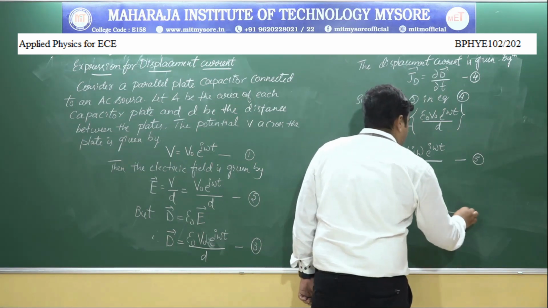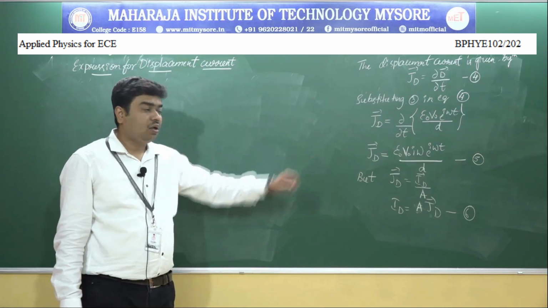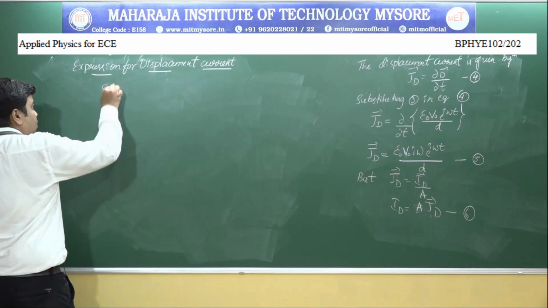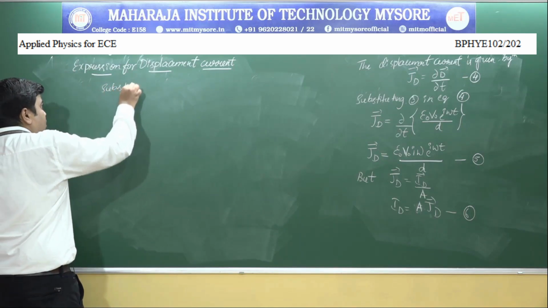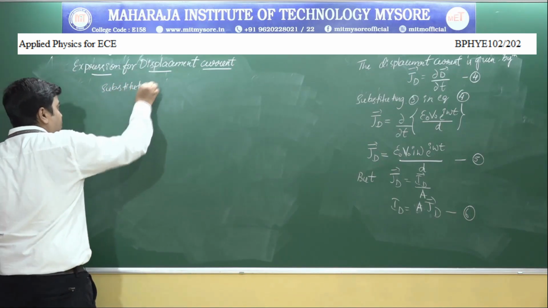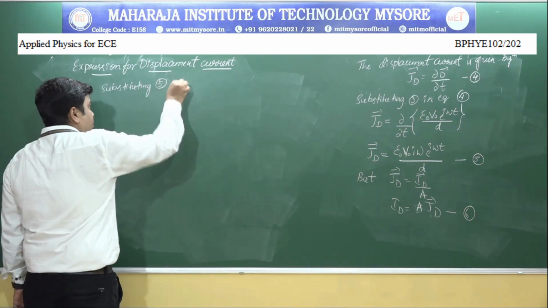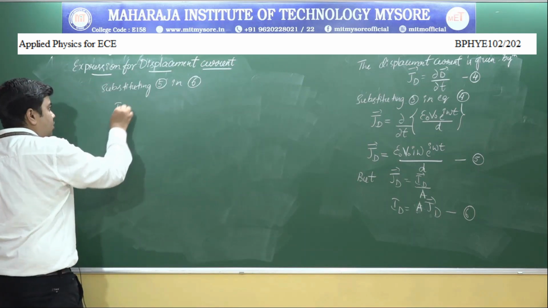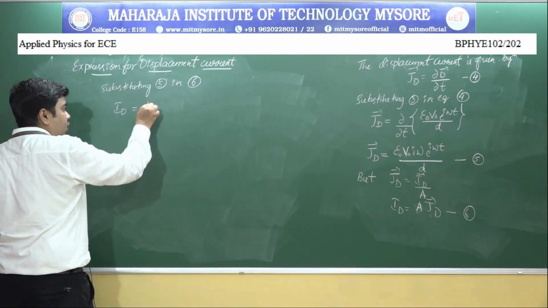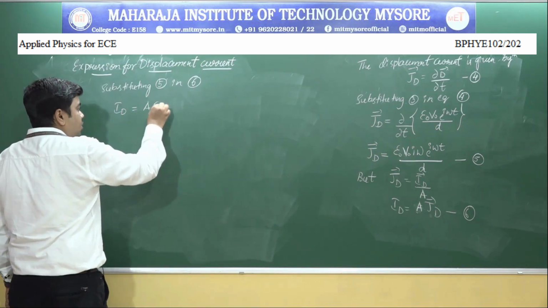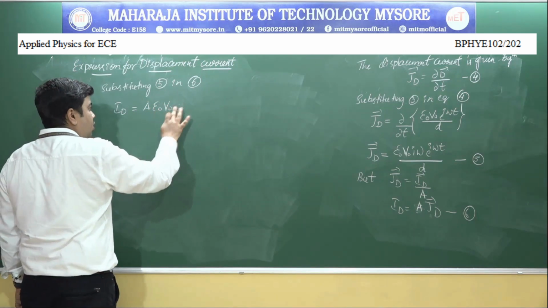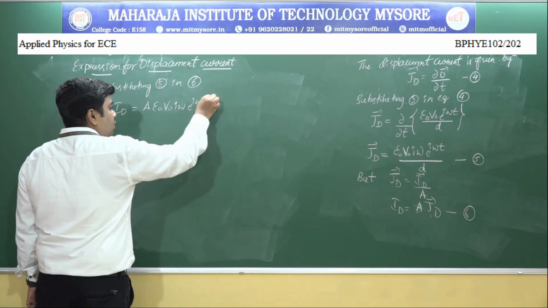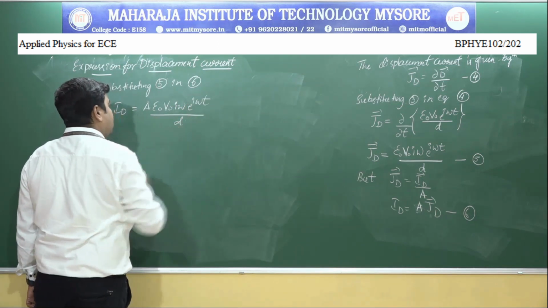We will substitute the expression 5 in expression 6. Hence ID is equal to A epsilon naught V naught i omega exponential of i omega t divided by d.